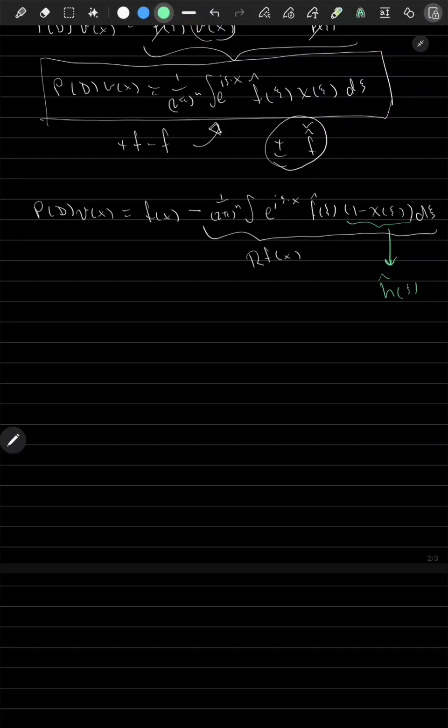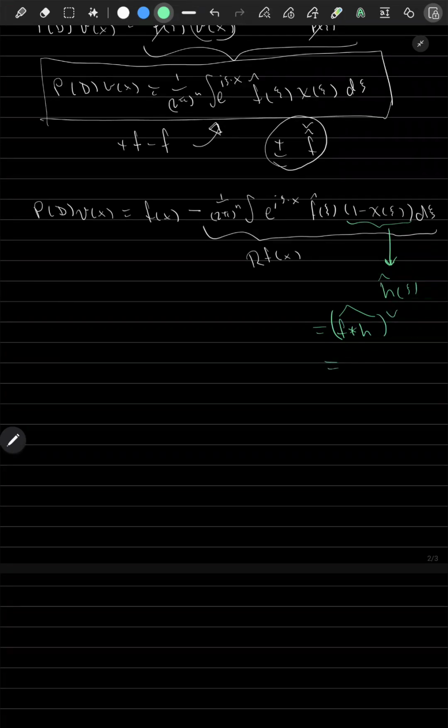And now we have a property that the Fourier transform takes multiplications to convolutions. So this integrand here, except that e to the i psi x, actually equals the Fourier transform of the convolution of f with h. And what we have involving this whole expression is, of course, the inverse Fourier transform.